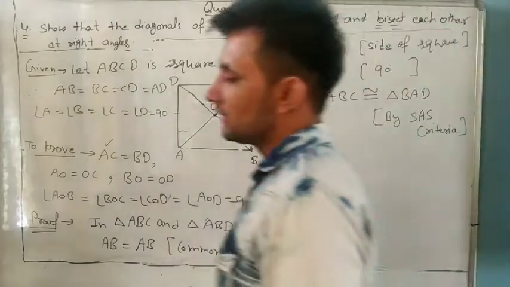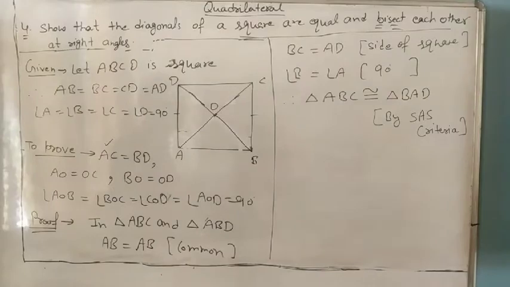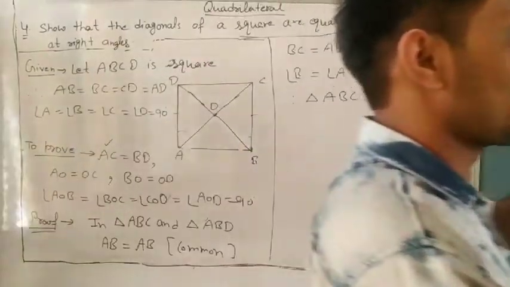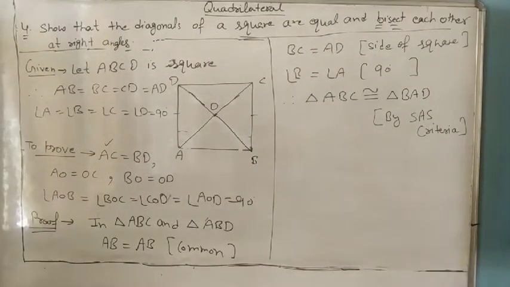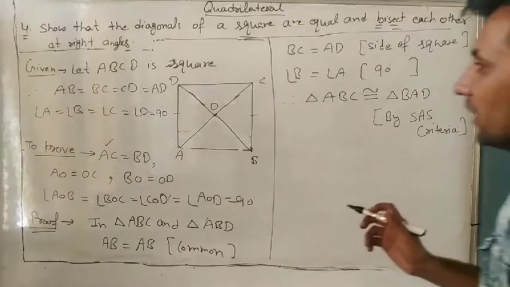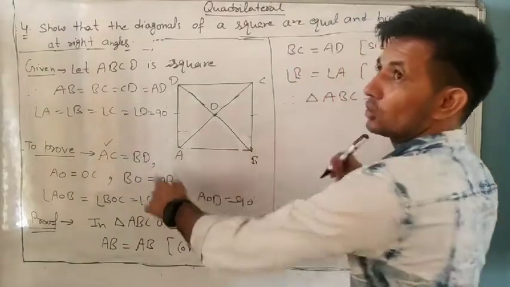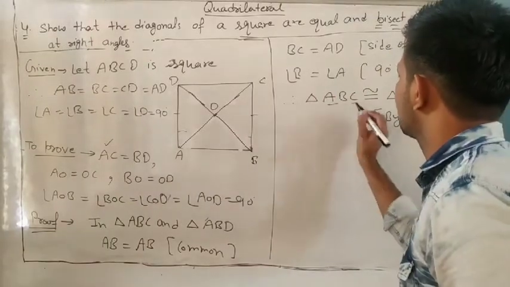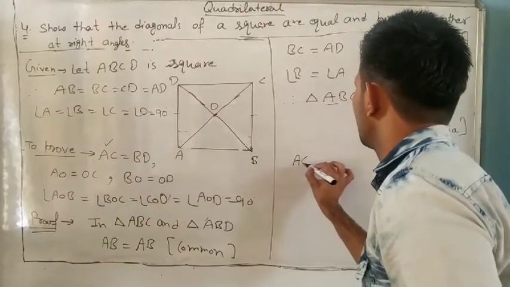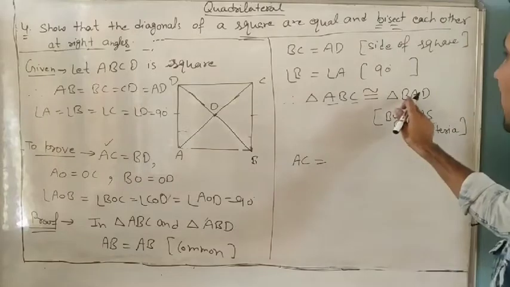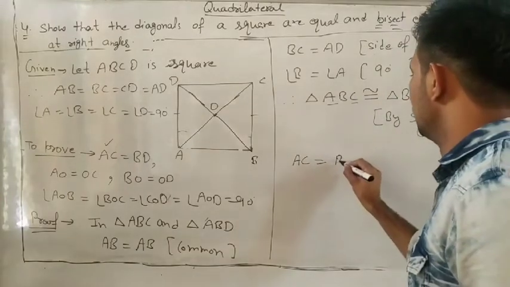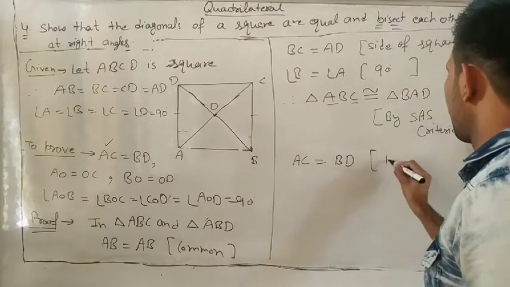Understand it? So these are congruent, and we know if triangles are congruent, corresponding parts are always equal. So we observe, we want to prove that AC and BD. Check it, AC and BD corresponding or not. AC, first and third. AC equal to BD. Why?